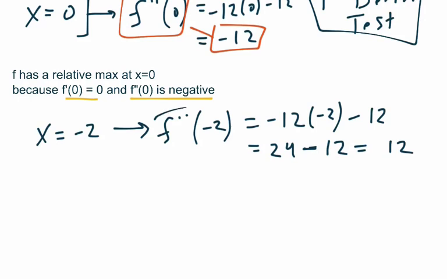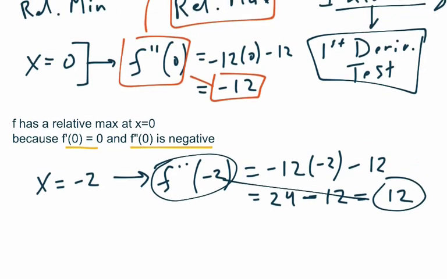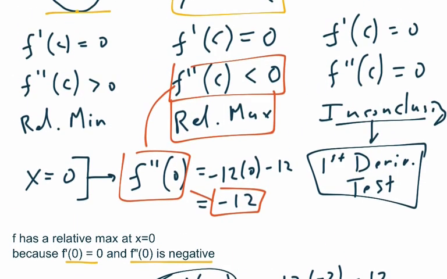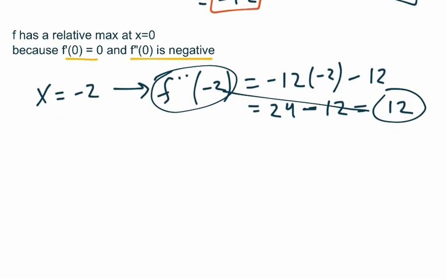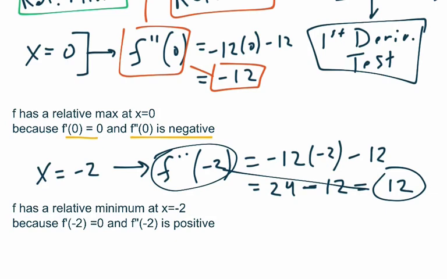Because f double prime is a positive value, that is this situation here, where f prime is 0 and f double prime is positive, therefore negative 2 is a relative minimum. We write out a sentence that looks very much like the first one, except with different words. F has a relative minimum at x equals negative 2 because f prime of negative 2 is 0 and f double prime of negative 2 is positive.